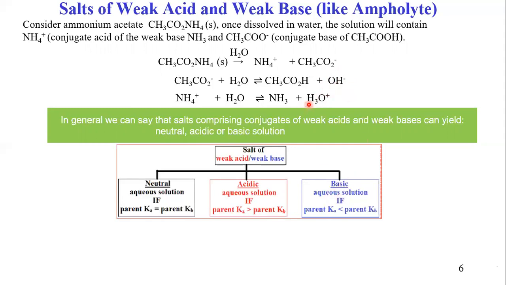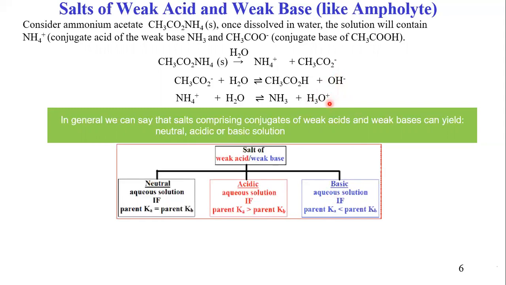If my Ka is greater than my Kb, then I get more H3O plus ions than OH minus, then I get an acidic solution. And if Kb is approximately equal to Ka, then I have more or less a neutral or close to neutral solution.